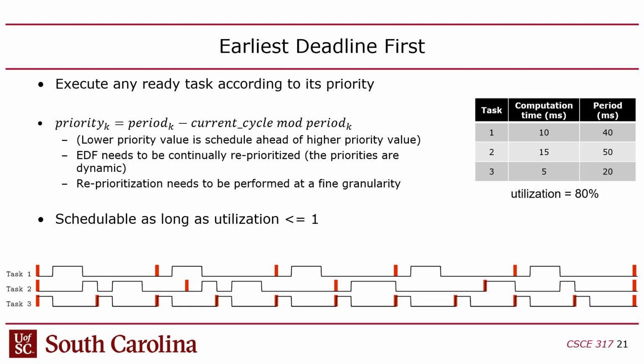So as time marches on, actually, sorry, this priority may change even without a new period becoming ready, because you're measuring each task's distance to the end of its current period. That's the idea there, right? And you have to keep reevaluating that as time marches on.